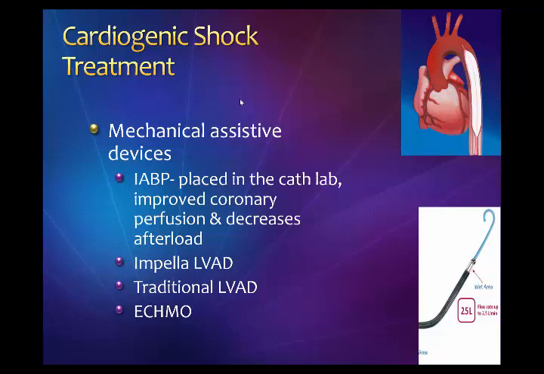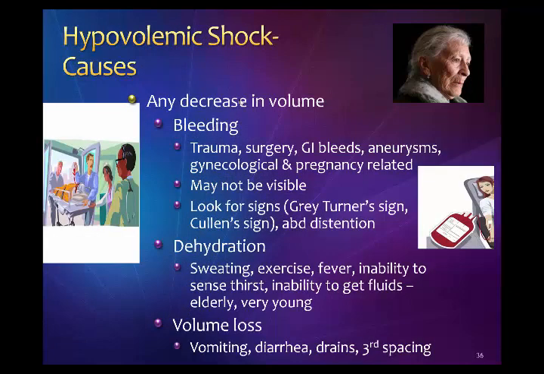I mentioned that earlier. That can be used in an intensive care unit. Surgically, an Impella left ventricular assist device and a traditional left ventricular assist device can be inserted into the patient, and ECMO is your heart-lung machine or your extracorporeal circulation.